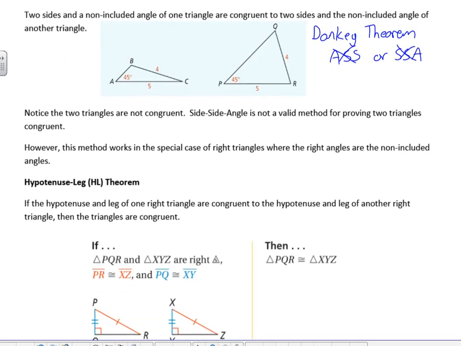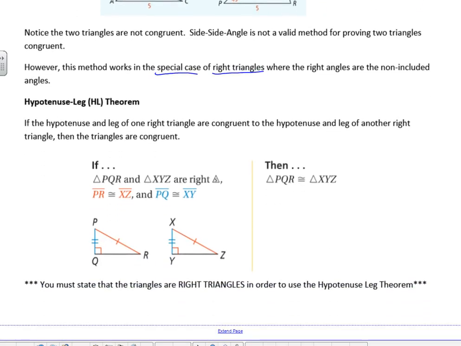However, this method works in the special case of a right triangle, where the right angles are the non-included angles. This is our fifth reason for proving triangles congruent: the hypotenuse leg theorem. If the hypotenuse and leg of one right triangle are congruent to the hypotenuse and leg of another right triangle, then the triangles are congruent.